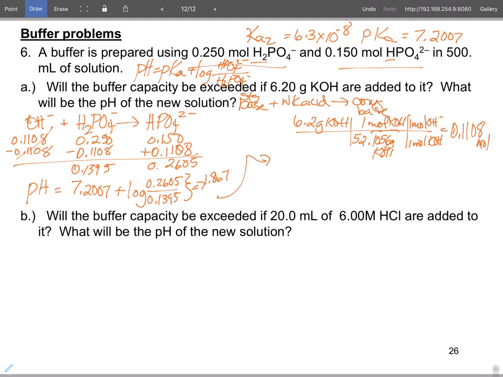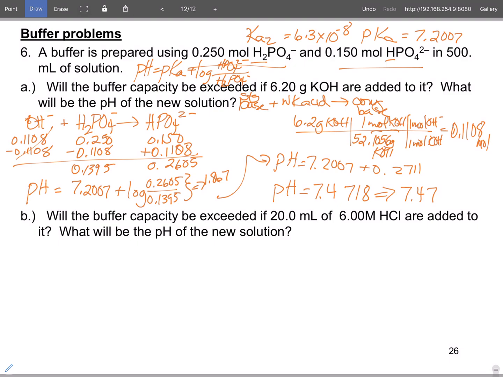So if we continue over here, the pH is equal to 7.2007 plus 0.2711, which means my pH is going to be 7.4718 or 7.47, which we're still in the buffer zone.